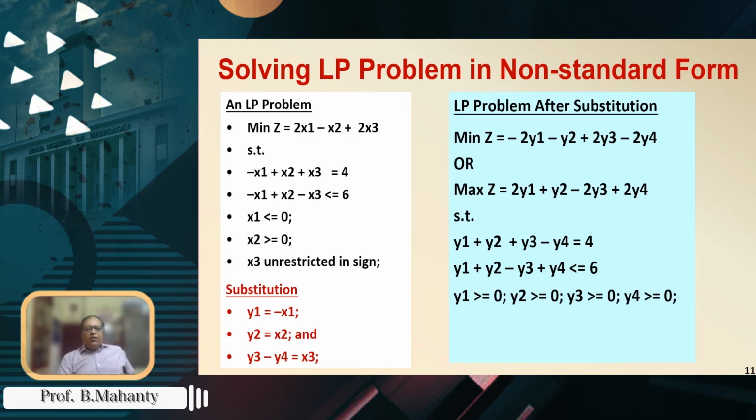So we have already transformed this problem after substitution, and we see that the constraints are not standard definitely, but the variable types have become all standard. All right. Now how to handle these two constraints? First of all, an equality constraint.